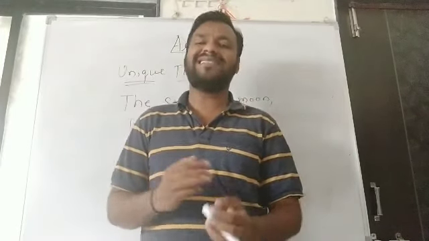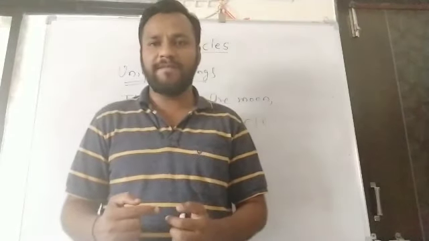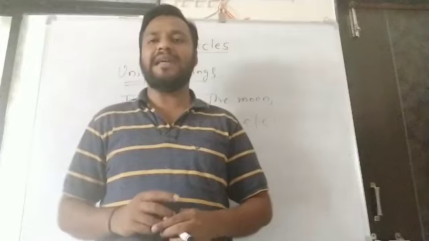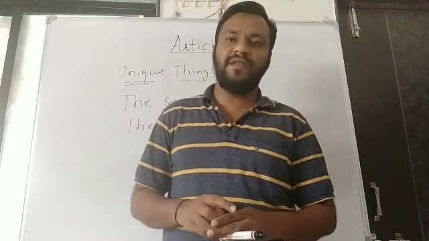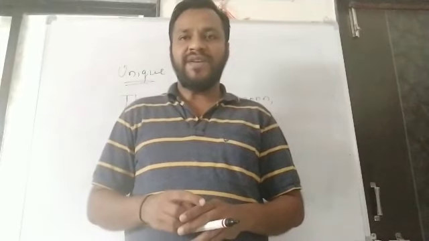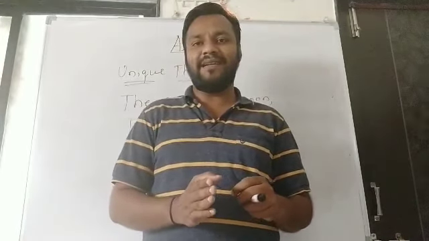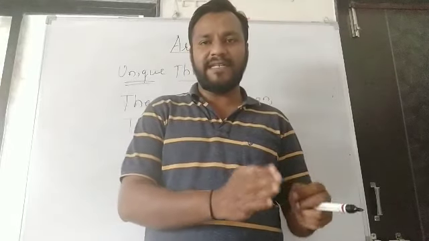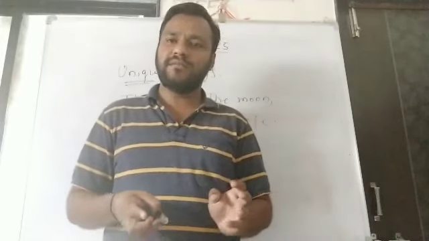Is this clear? Once again I will repeat it, where exactly we have to use article the. First use of article the is whenever we get specific reference, that time we must use article the. Second use, nouns which are used to represent whole class of person or animal, that time we have to use article the.